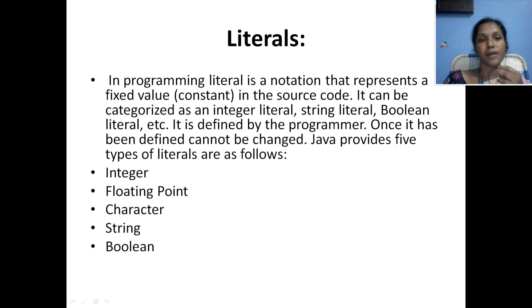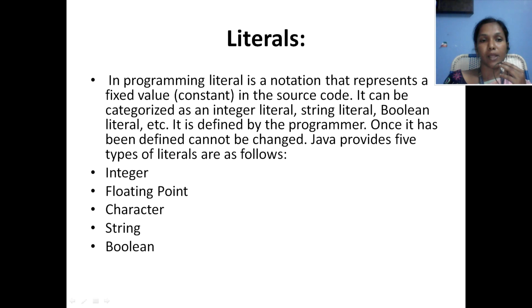Literals. What is the meaning of literals? Whatever values you store in the identifiers, once those values are assigned, we can't insert anything in the middle. So literals are constants. There are different types of literals: integer literal, float literal, character, string, and Boolean literals.